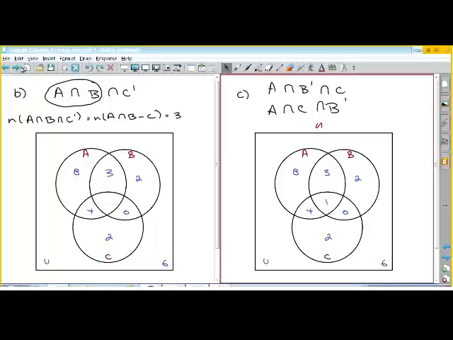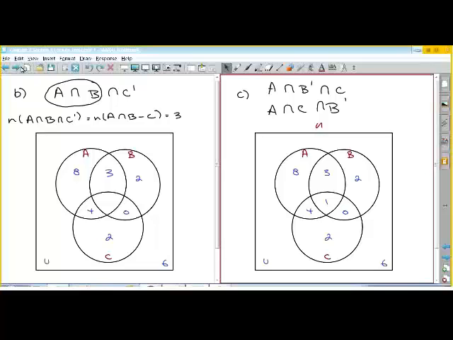Okay, now I'm going to ask you to do the next one. And I'll help you a bit: the original expression is A intersect B complement intersect C. What we do is change the order, so we do the intersection of the 2 first, and then we can subtract out the complement. Look at what I just did on the left-hand side, apply it to the right-hand side, and I'm going to ask somebody what the answer is.